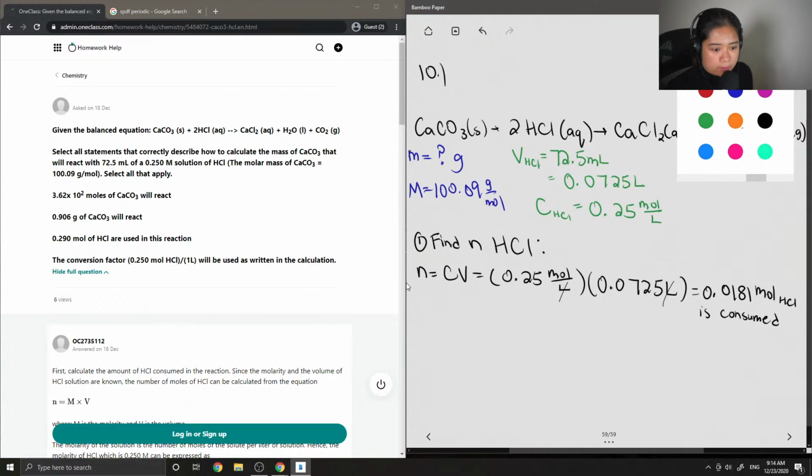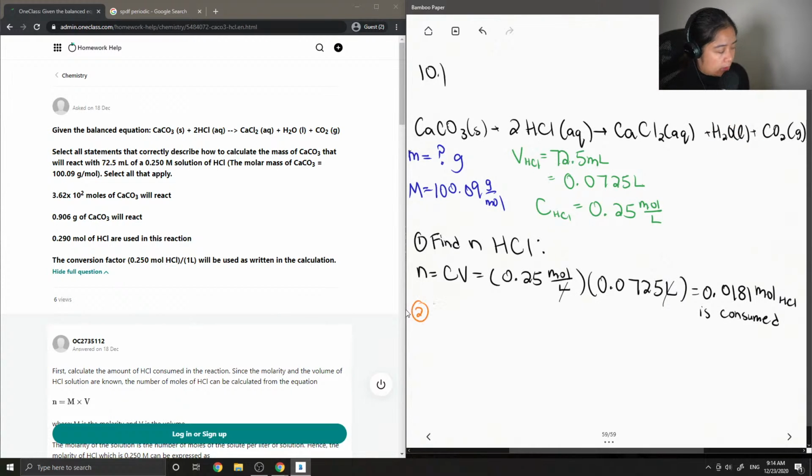Okay, so now step 2 is to find the number of moles of calcium carbonate. To do that, we use mole ratios. That's why it's important to balance your reactions first. We know that for every 2 moles of HCl that react, 1 mole of calcium carbonate reacts.